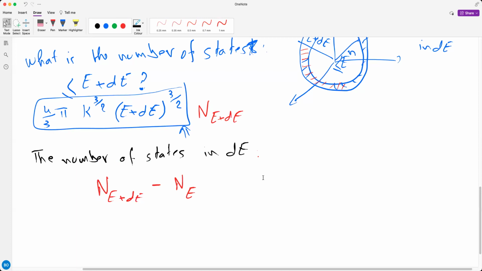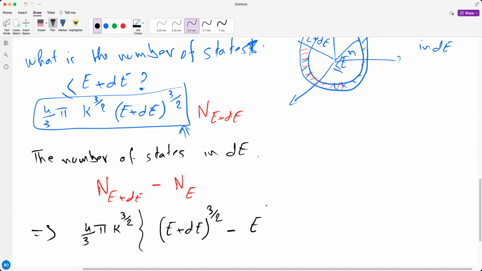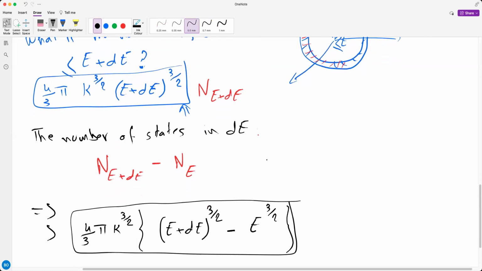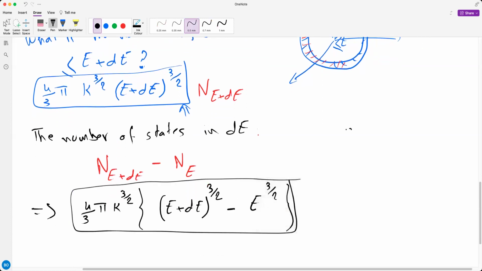So, well, this means that this is equal to the constant times (E plus dE) to the power 3/2 minus E to the power 3/2. Okay. So this is the number of states. I want to simplify this. Now, we have seen that dE is very, very small compared to the energy.